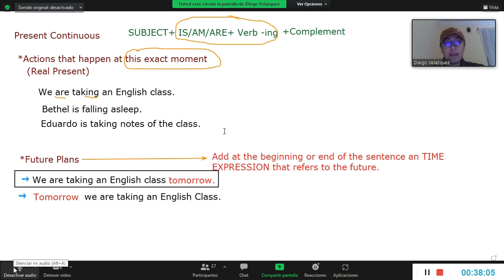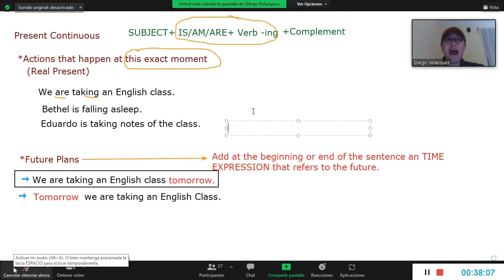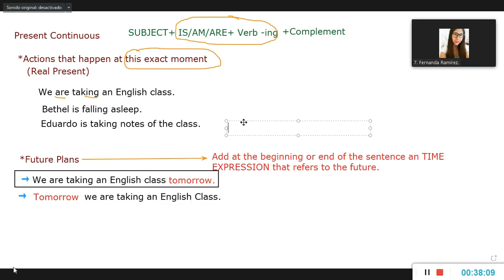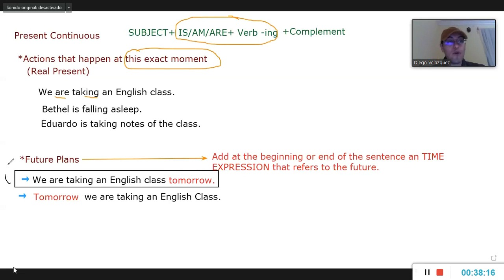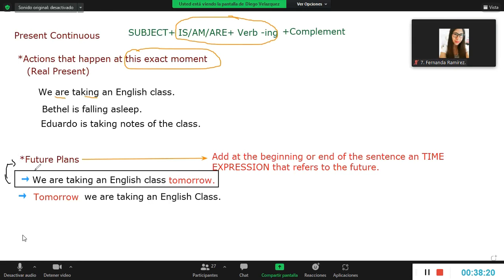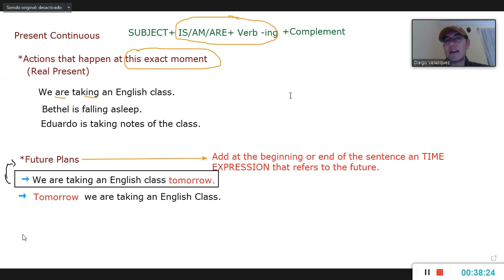So at the beginning or at the end, guys, what we need to add to a present continuous sentence is an expression, so it transforms into a future sentence and not a present one, okay? And well, children, what could be some of the most common expressions that we use to speak of the future?